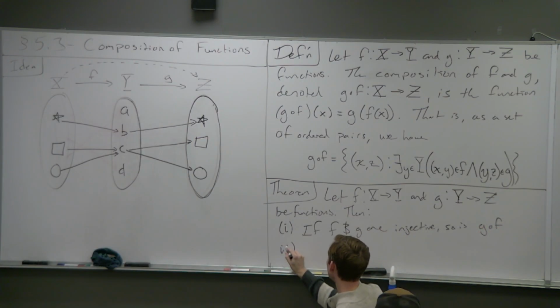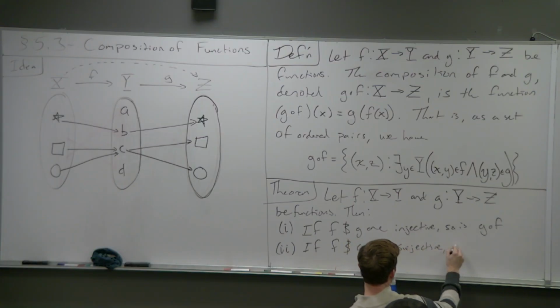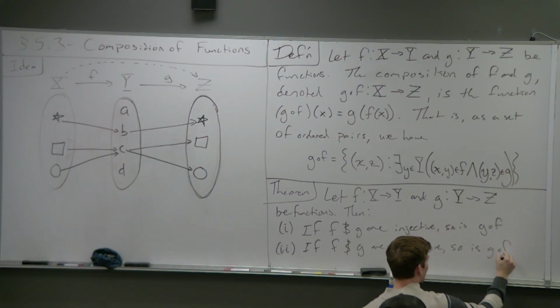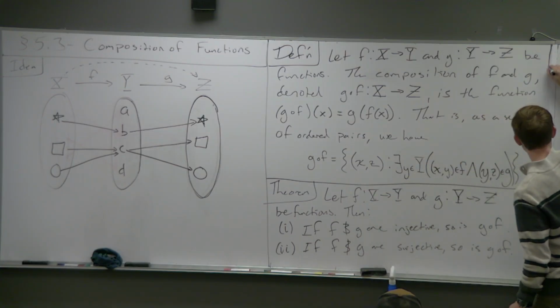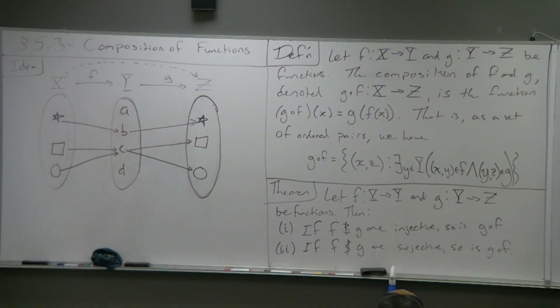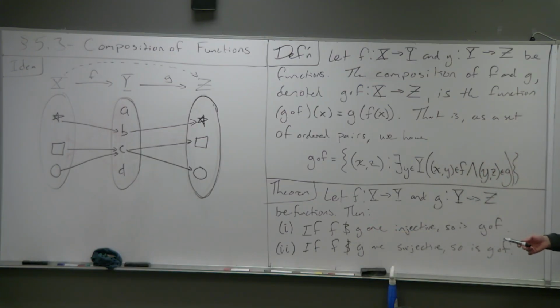And 2, if f and g are surjective, so is g composed with f. I would say that these are perhaps even a weaker version of what we were talking about before. After all, we're saying is that if both of them are injective, then so is the composition. And if both of them are surjective, then so is the composition. We can probably actually do better than this. So let's at least get used to talking about proofs like this first, though.